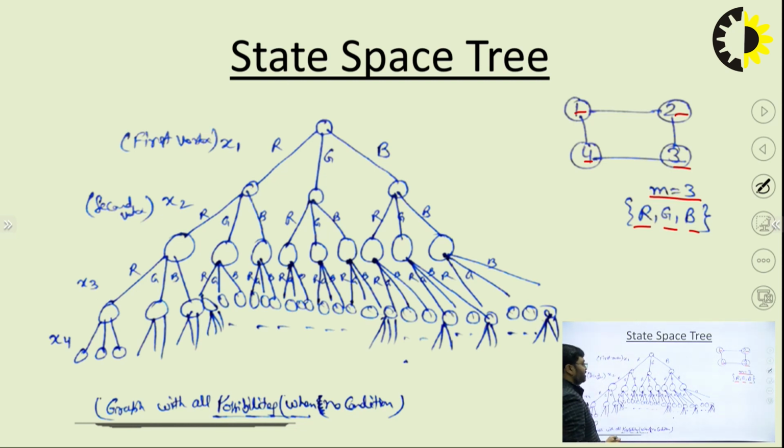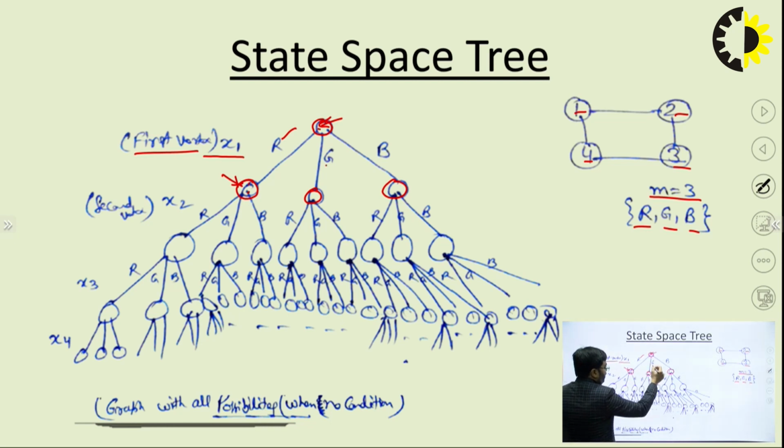And if no condition is given, then we start from the root node, and for coming to node number 1, it means we have to color the first vertex. If we choose the red color for vertex 1, we come to this decision node, that vertex 1 is colored with the red color.